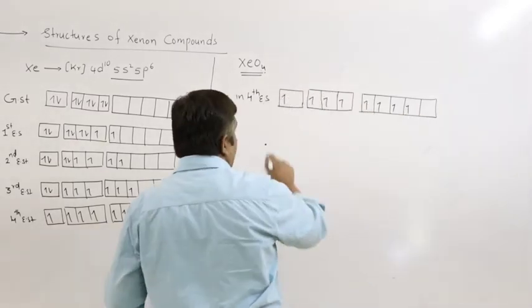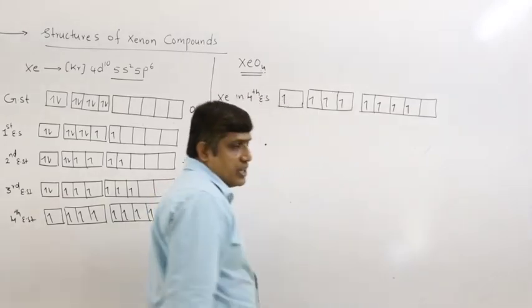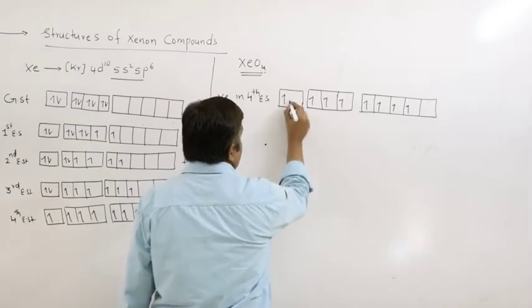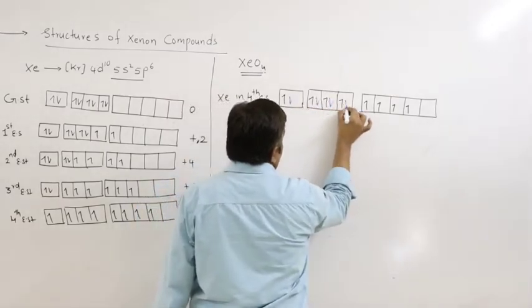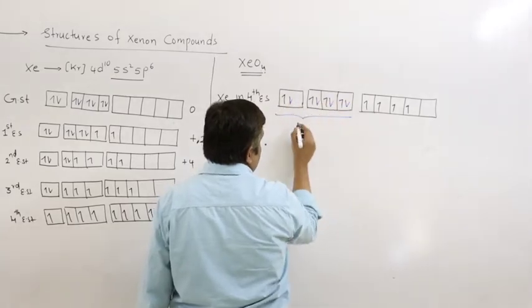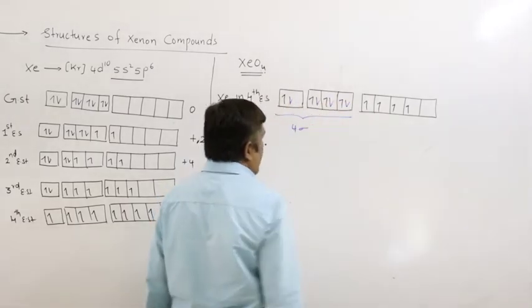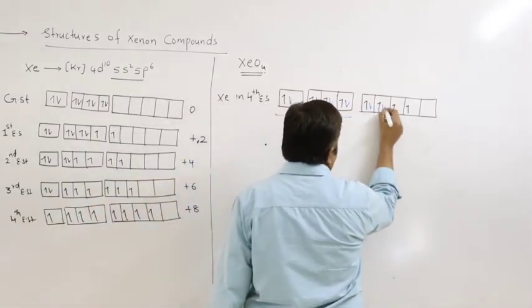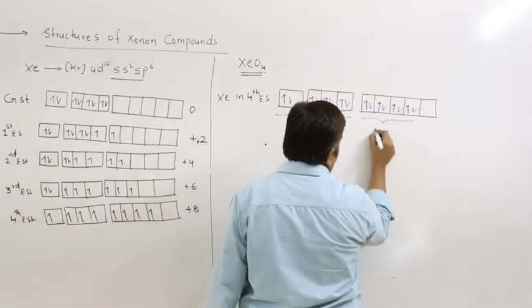So, the electrons present in lower energy orbitals are used for sigma bonds. So, 4 oxygens, 1, 2, 3, 4. So, these electrons present in the lower energy level are used to form 4 sigma bonds, and here we have 4 pi bonds formed by the 4 oxygens.